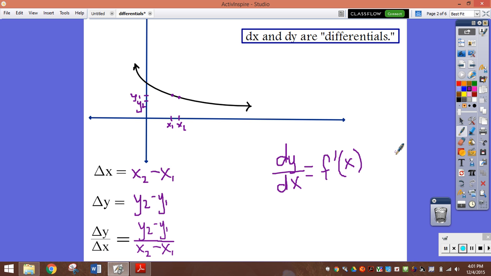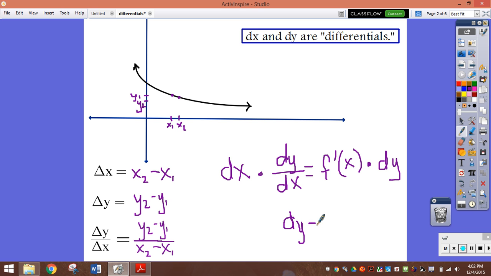And if we control the change in x, so this is some factor in some scenario that I can control the amount of, but I don't know how much that affects y, then I can treat dy and dx like variables, and by multiplying both sides by dx, I can then create a formula or an equation for dy.